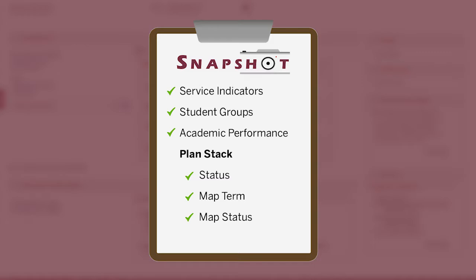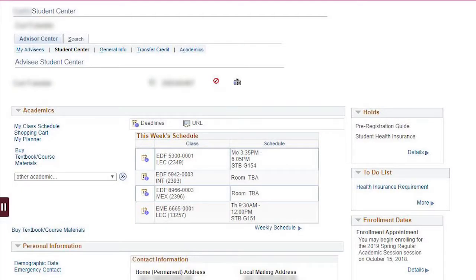So let's now walk through the steps of obtaining a student snapshot. After finding your student in the My Advisees page, you'll see their main Student Center page. If you have any questions or need a refresher on all of the information that you can see on this page, please review the Student Central page overview document, also housed in this module.